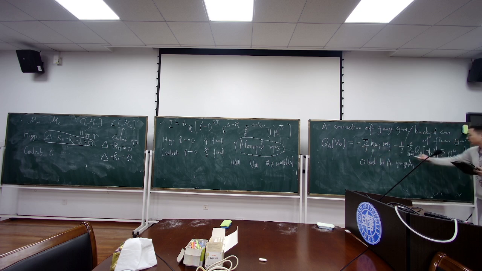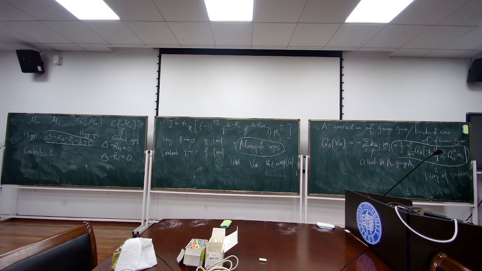Right? Another contribution comes from one loop correction of fermions. Once you have a fermion which is charged under this gauge group, then the monopole charge under this A is corrected by the fermions, if these fermions are also charged under this symmetry.